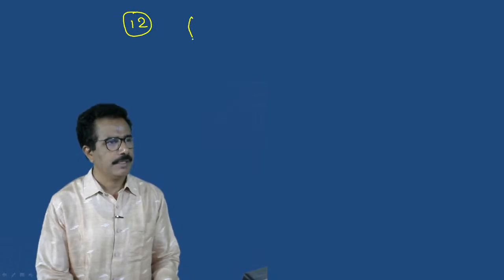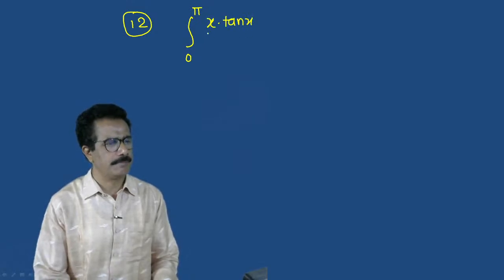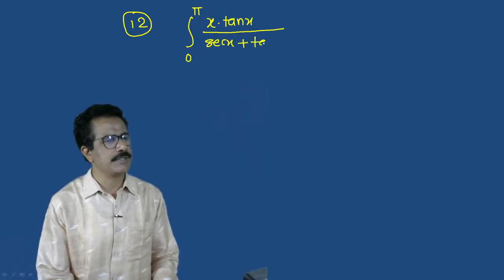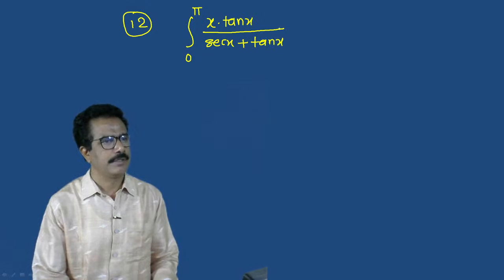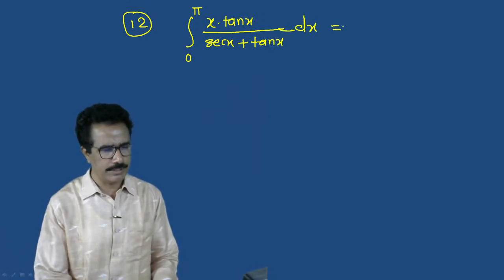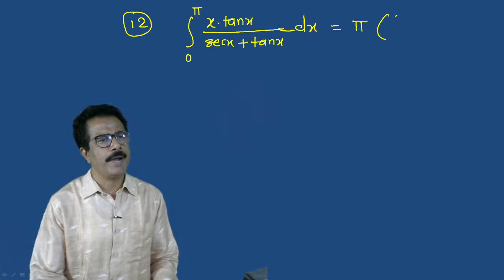So we shall move towards the second. That is problem number 12: the integral from 0 to pi of x into tan x divided by sec x plus tan x dx, which is equal to pi into (pi by 2 minus 1).